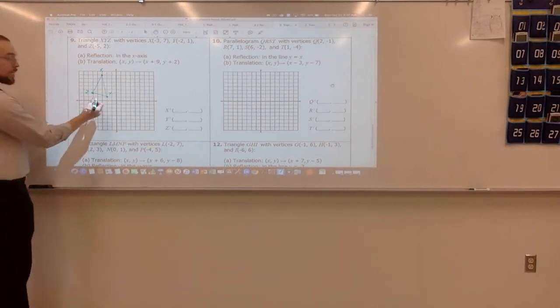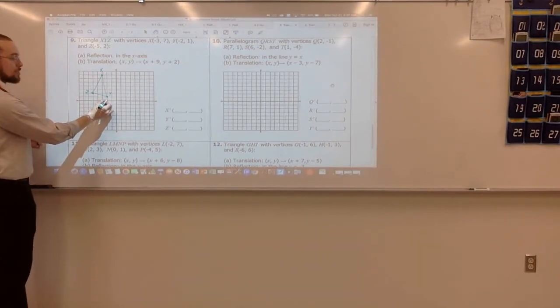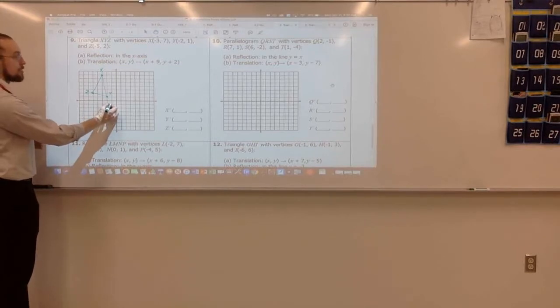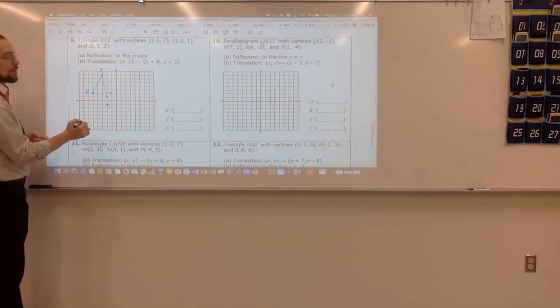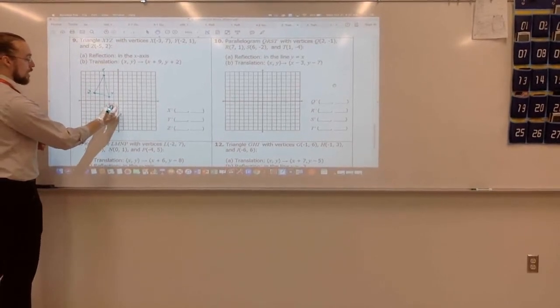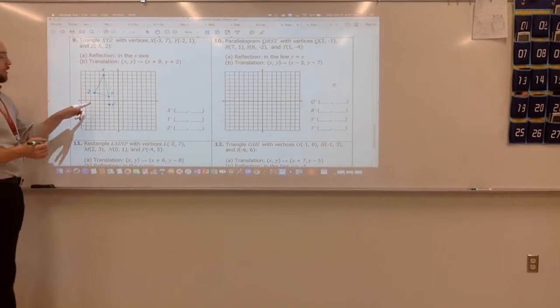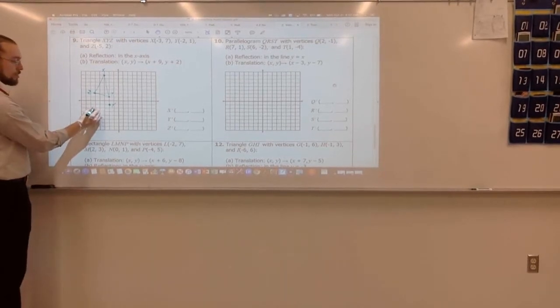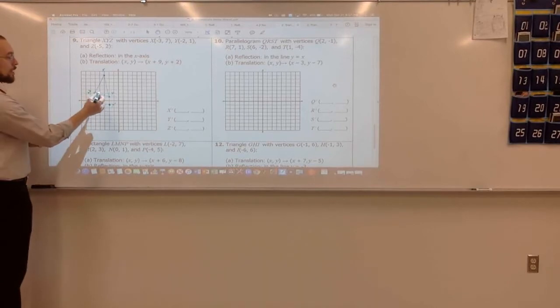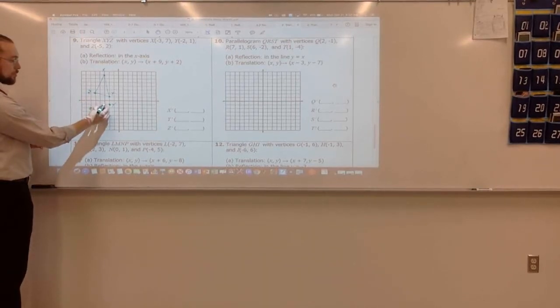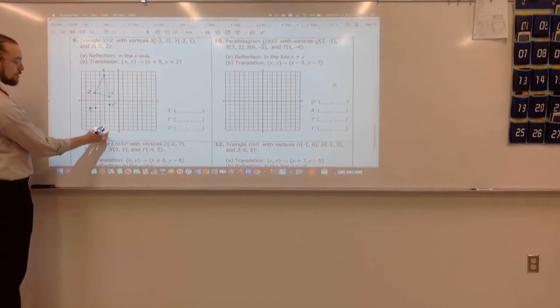To do that, we're just counting the distance each point is from the x-axis, and then going that same distance on the other side. So we'll label that y prime, then z prime will be here, x prime will be right here.